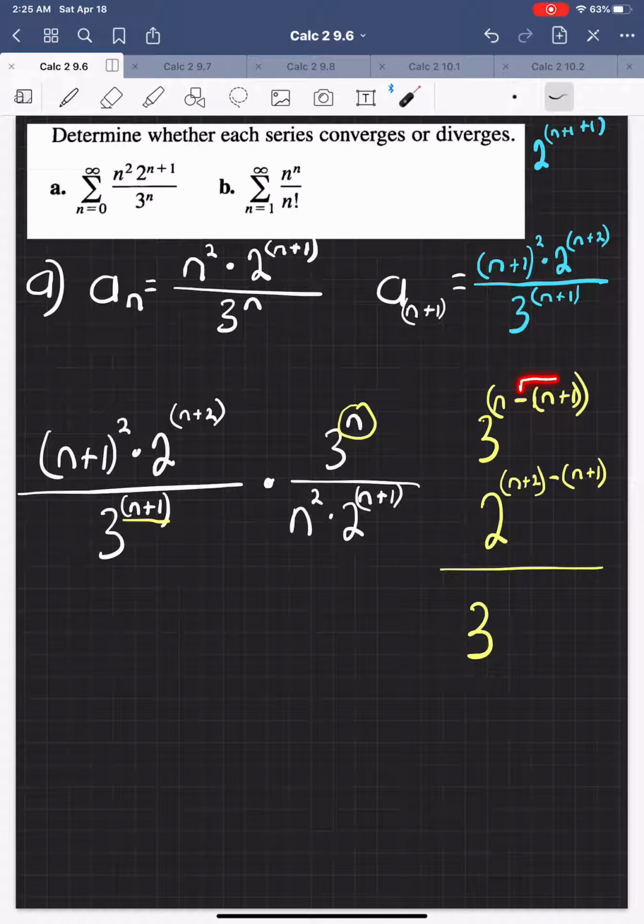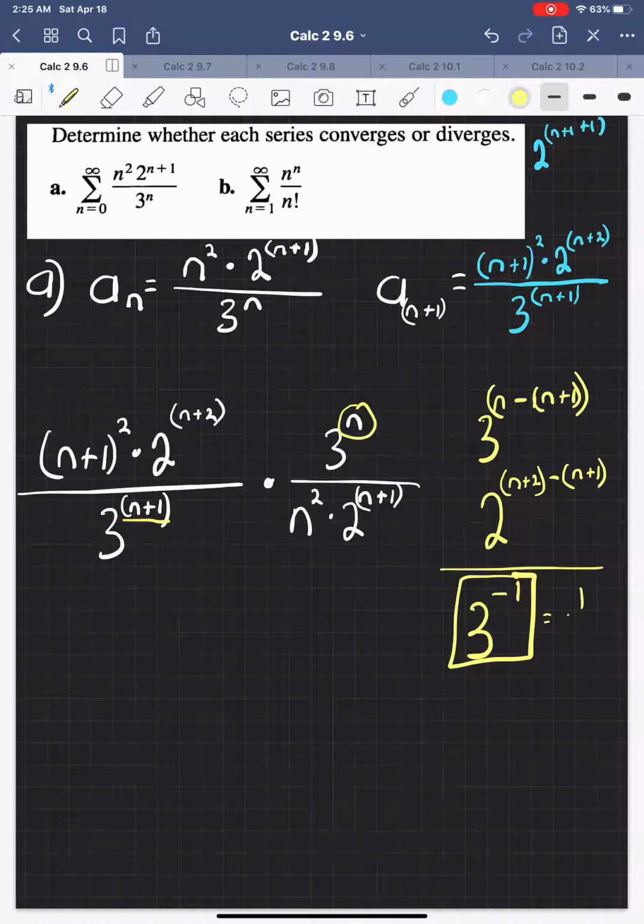And then this is a negative 1 basically distributed to a positive 1. So that's going to be, or change the sign, however you like to think about it, a negative 1. So that's 3 to the power of negative 1, right, or 1/3.